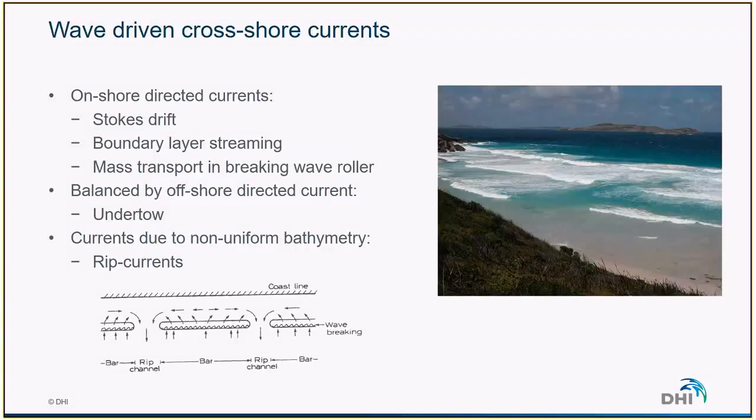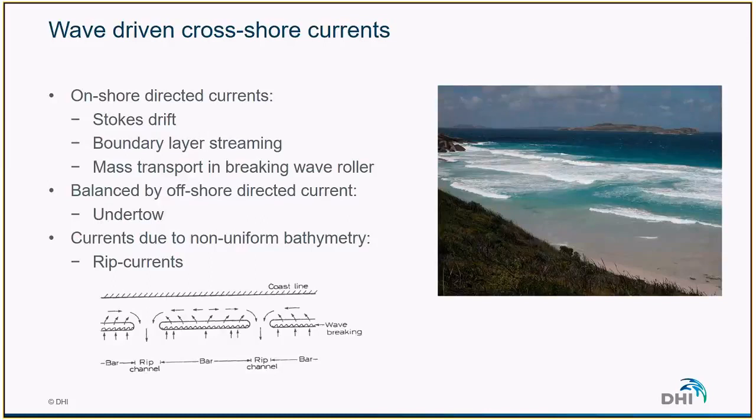And finally, in the breaking zone, there is also the mass transport, which is due to breaking wave rollers. These onshore directed currents are balanced by offshore directed current, which is known as undertow. And this undertow can be very strong in the breaking zone.